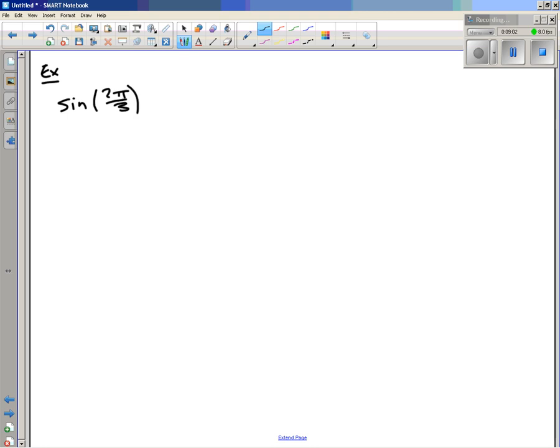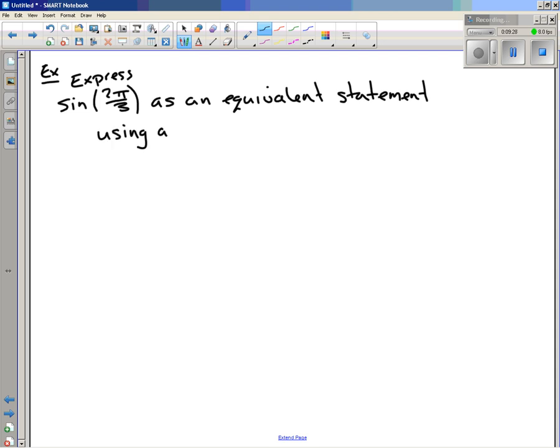And you can see in a question that's going to say express sine of 2 pi by 3 as an equivalent statement using an angle in the first quadrant.